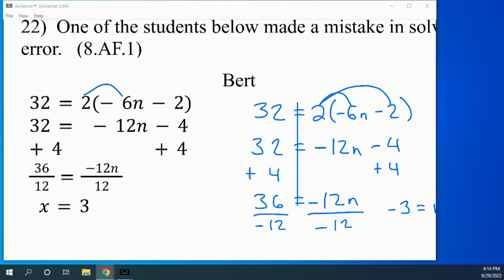He brought down a 32. That's fine. 2 times negative 6 is negative 12. That's true. 2 times negative 2 is negative 4. That is also true. Okay. So then what he did was he added 4 to both sides, which we did the same. That's fine. 32 plus 4 is 36. That's fine.